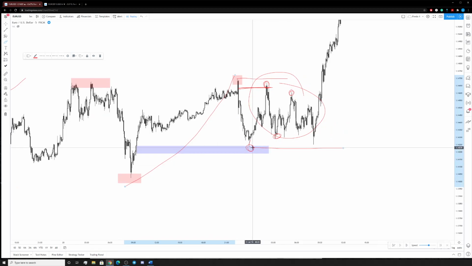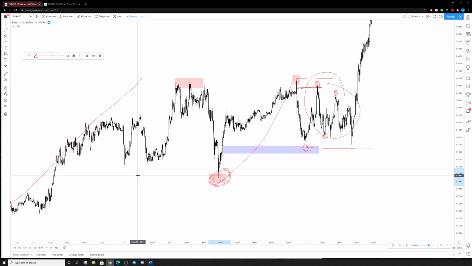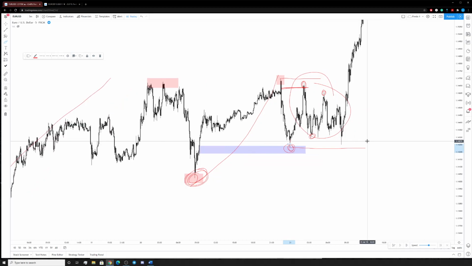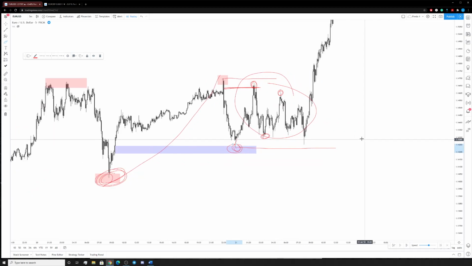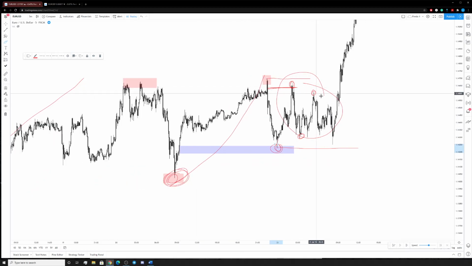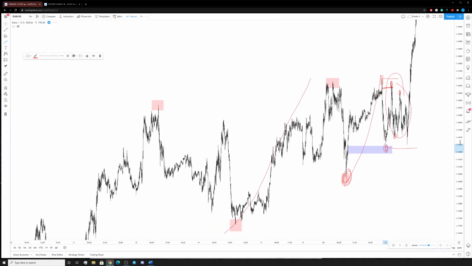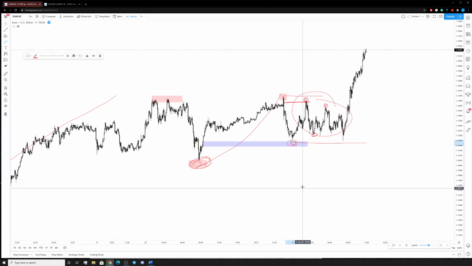So I'm not going to try to change my bias until this fully breaks because it's my minor intraday. But to initially see that, because this reacted for my point of interest, I don't want to see this break, or else my entire bias could fall apart. Why? Because then we can see these as unwillingness, and it could lead to bigger structure breaks.